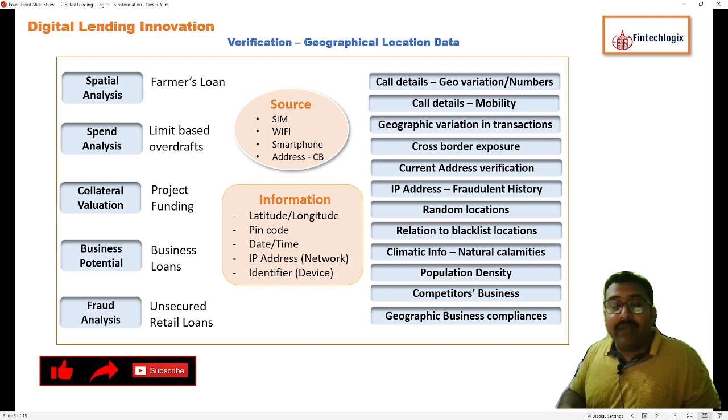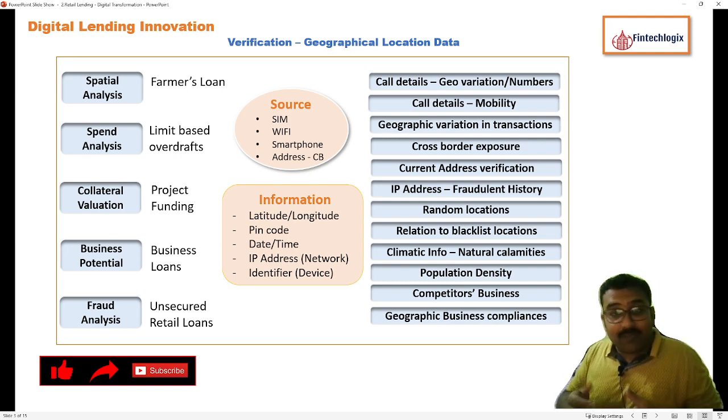Now in collateral valuation, if we can attach an angle of location, for example whether it is exposed to natural calamities, or whether the collateral location is in a specific blacklisted location or for any other reason, it becomes much easier to decide the credit rating, right? So for collateral valuation also, your location data helps.